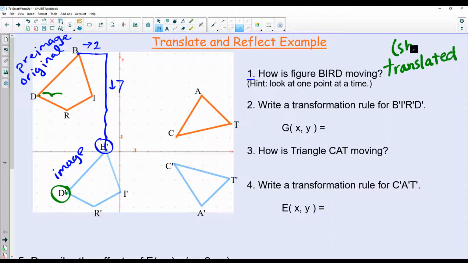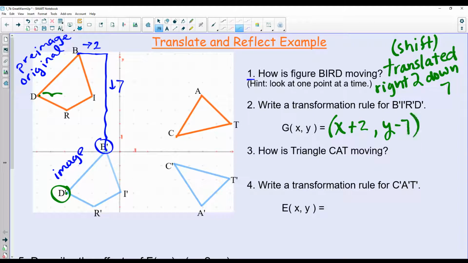Remember, a translation is a shift, okay? And it has gone right 2 and down 7. So a transformation rule, remember, says to explain what's happening to the x and y points. Every x value is adding 2 to go to the right, and every y value is being subtracted 7 to go down, okay?